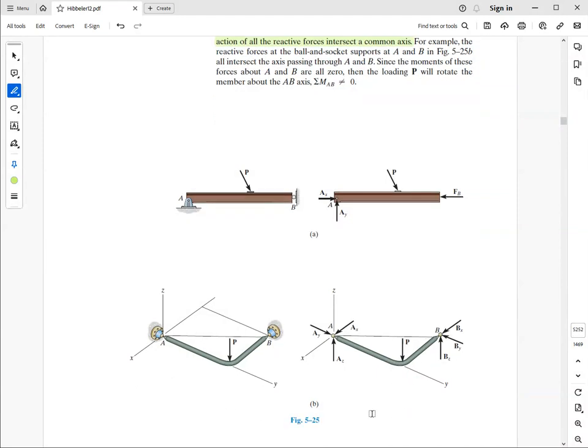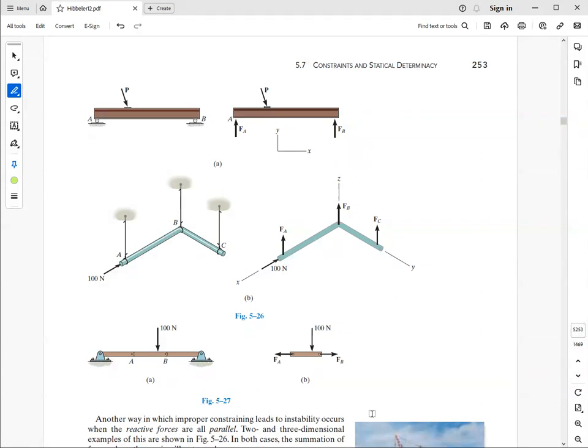Okay, and then some other examples. So these are unstable systems. We cannot locate the beam really. The horizontal component of the force causes this whole beam to move to the right.